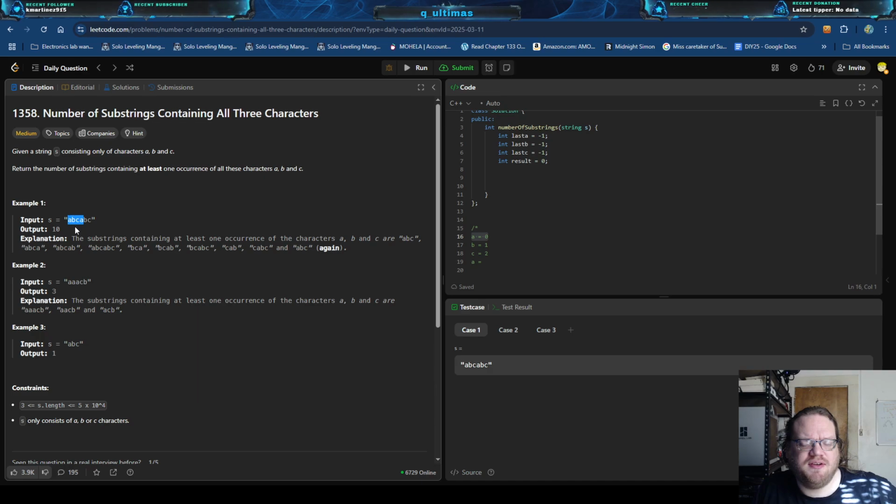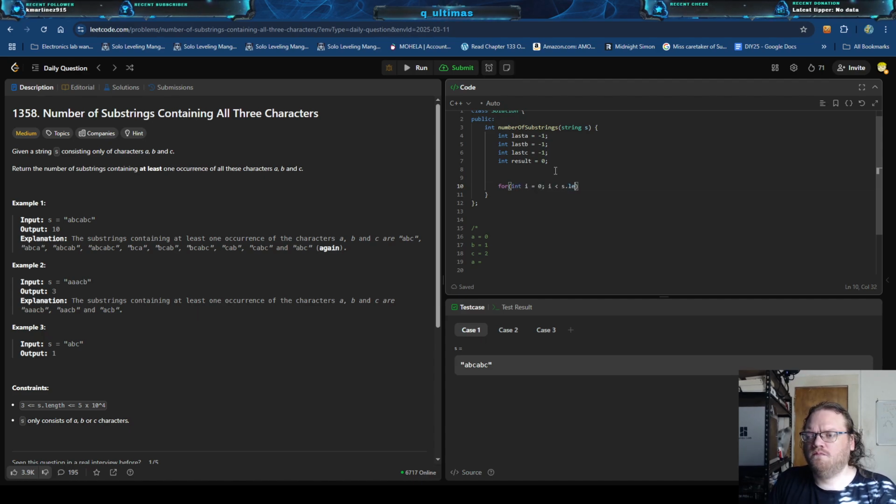So A would be an additional string. I feel like I don't need an actual sliding window for this problem.